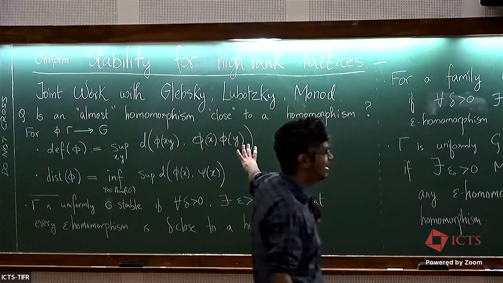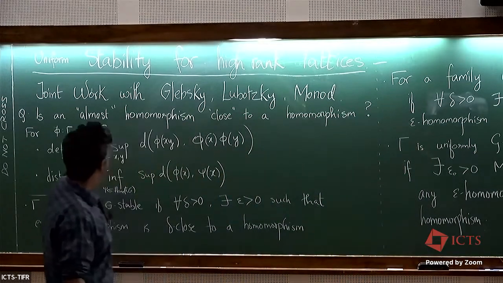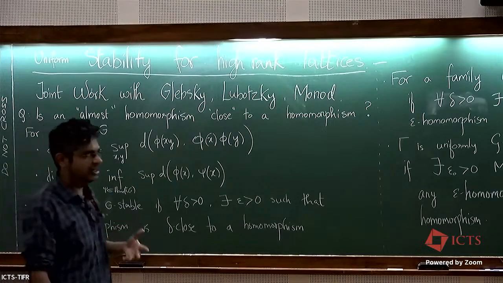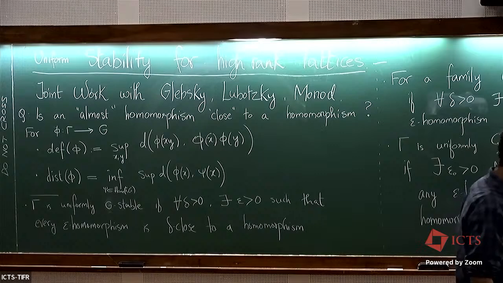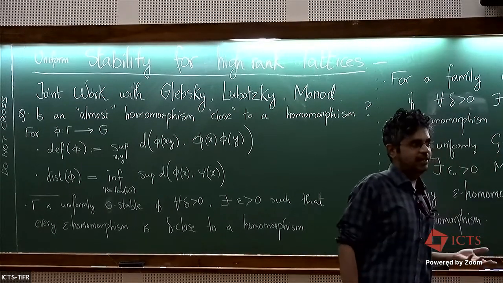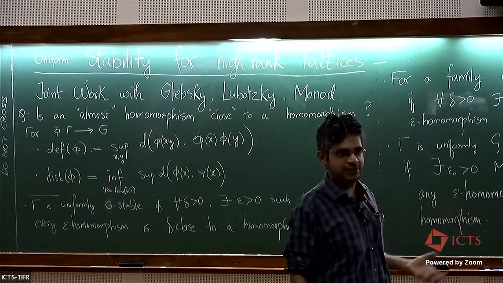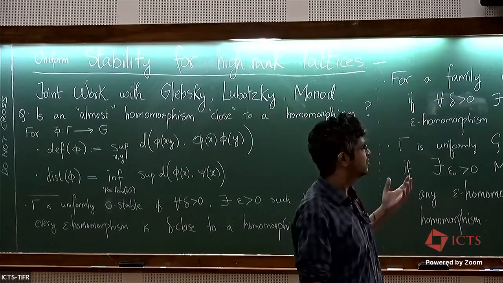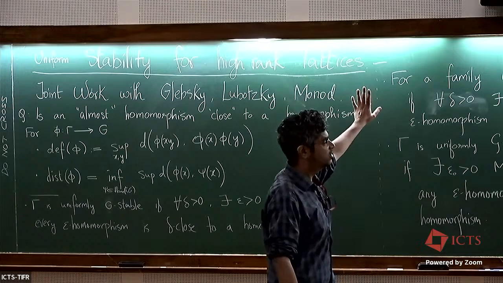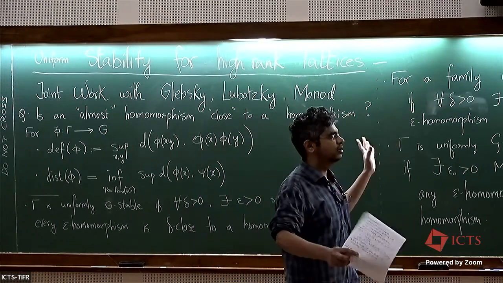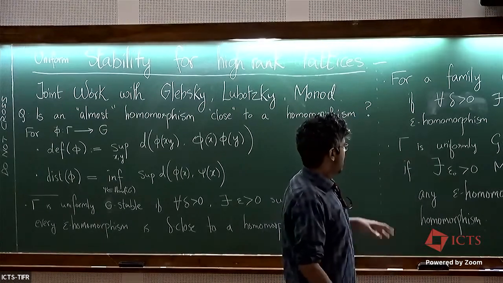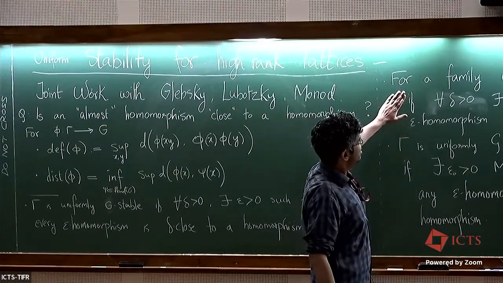But this is a general setting, and you can change this G in different contexts to get different objects of interest. For instance, as was pointed out in the lecture yesterday, you could take it to be the symmetric group, and then that will give you connections to soficity and group approximations. But for us, it'll be representations. G will just be the unitary group, U(n), for some n. So this is just parameterizing over the family.